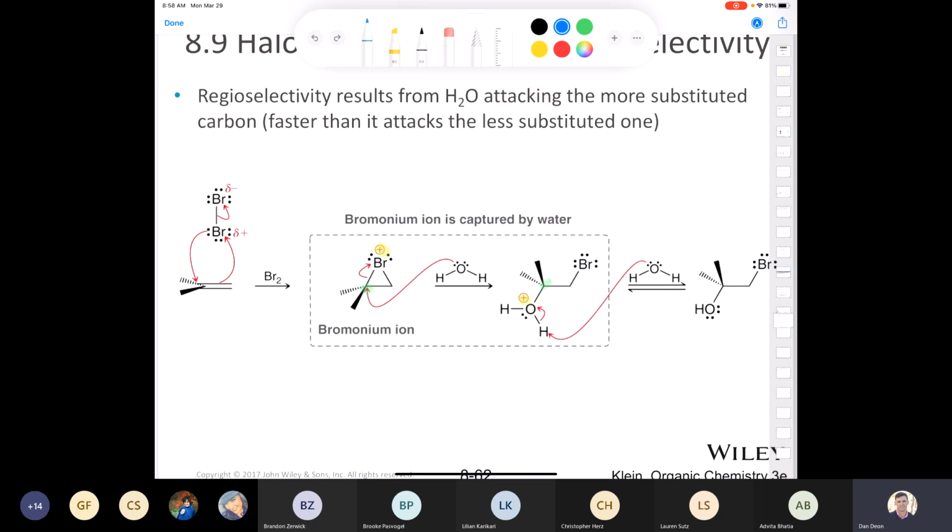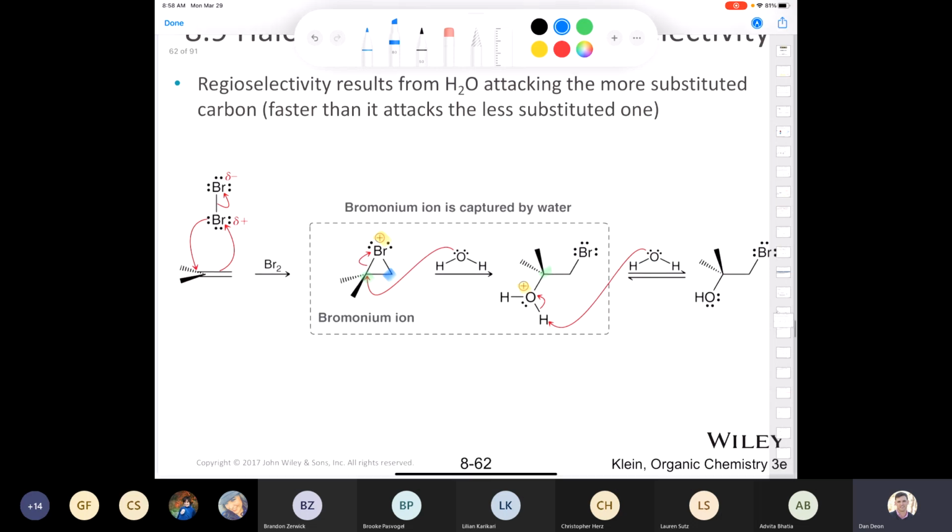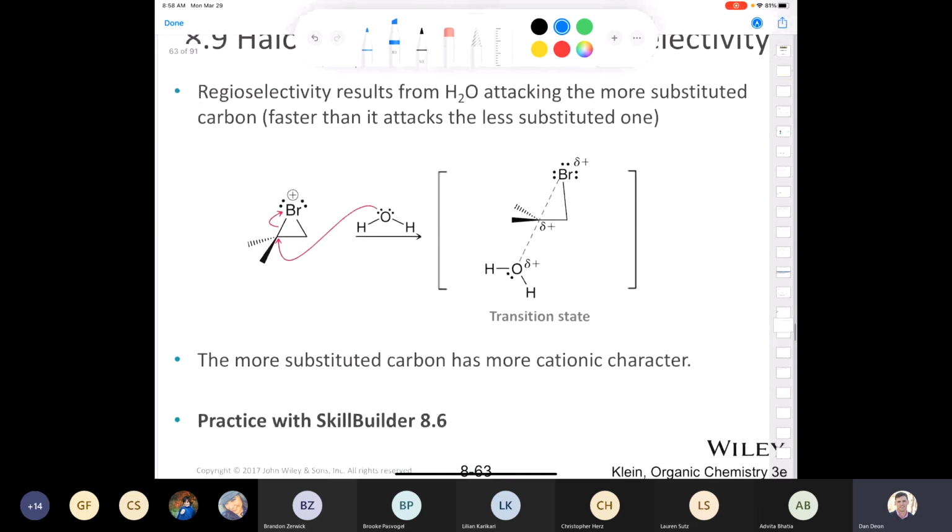So which one of those two carbons, the one that I have highlighted in green or the one that I'm highlighting in blue, would be more comfortable with a positive charge passing through it? It's the more substituted one, the one highlighted in green. And so that's why it happens. When the water attacks, the positive charge goes from the bromine through the carbon onto the oxygen.